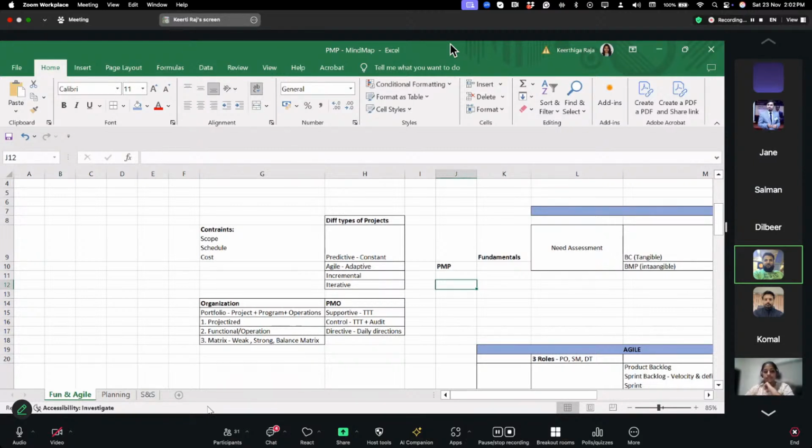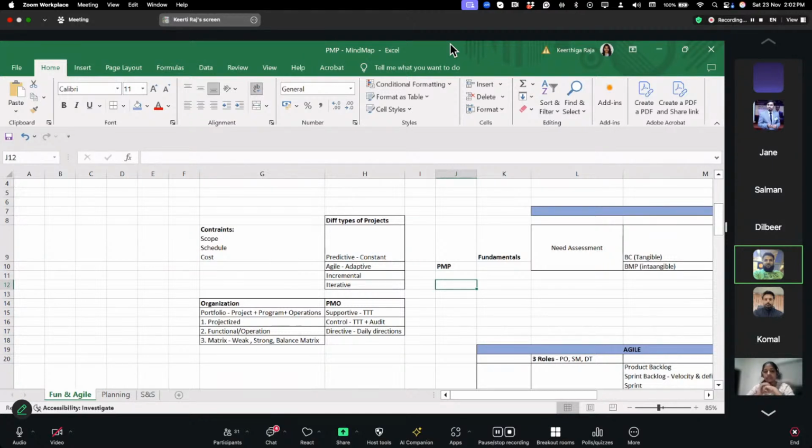We have constraints for the project, meaning the limiting factors for us. That would be the scope of the project, which will define what, how, and when we will achieve it. The schedule will tell us how and when. Cost will tell us the monetary cost and the resource cost associated with it.